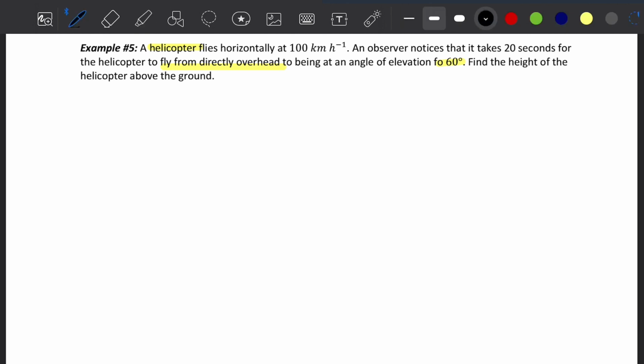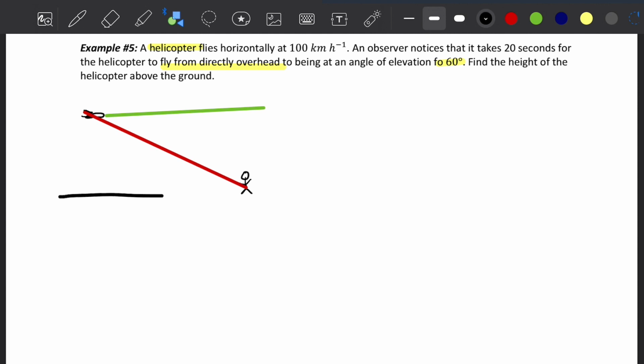If this is the observer here, we know the helicopter is happening here, and it flies horizontally at 100 km per hour. So there is a horizontal distance, and there's an angle of elevation from the observer, and this is your ground.